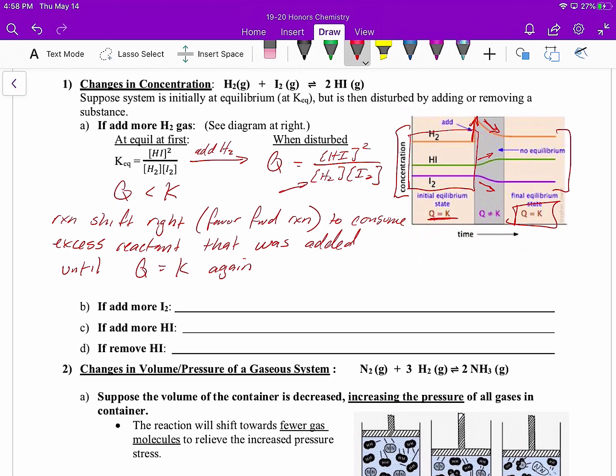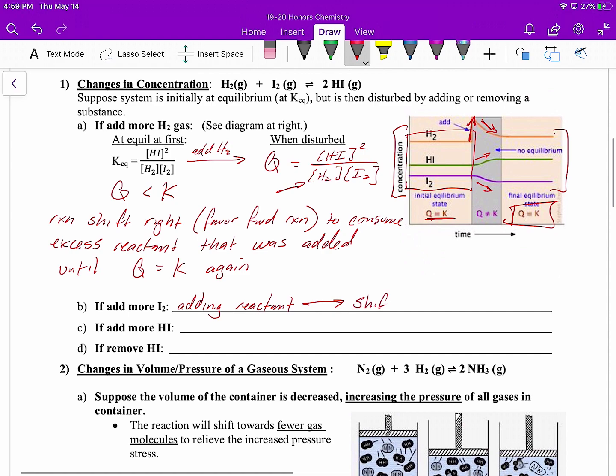If you add I2, you're adding reactant. If you add reactant, the reaction has to shift right to consume the added I2.